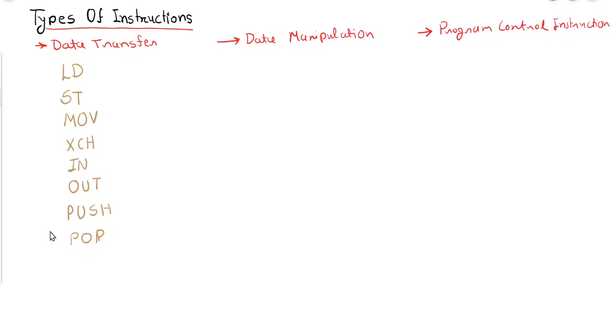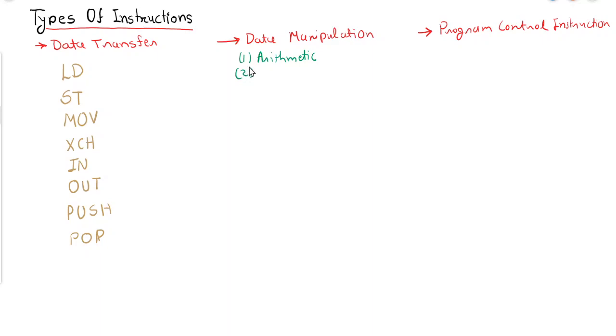Now let us try to focus on data manipulation instructions. Data manipulation instructions are categorized into three categories. First is arithmetic instruction.